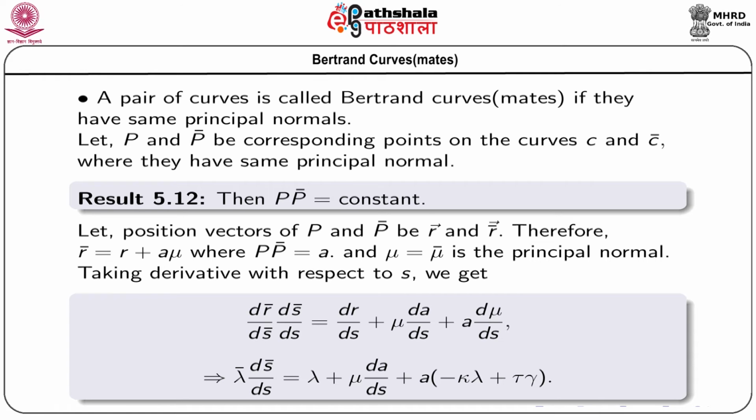Now, dr bar/ds bar can be written as lambda bar, that means it is the unit tangent vector for the curve C bar. dr/ds equals lambda, the unit tangent vector for the curve C, plus mu dA/ds plus a times d mu/ds, which can be written as minus kappa lambda plus tau gamma from the Serret-Frenet formula.